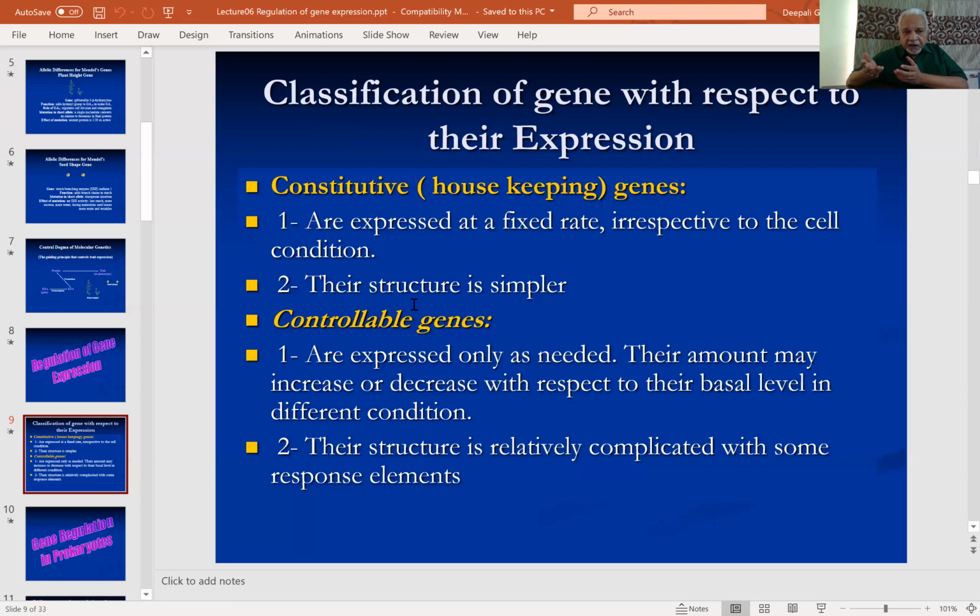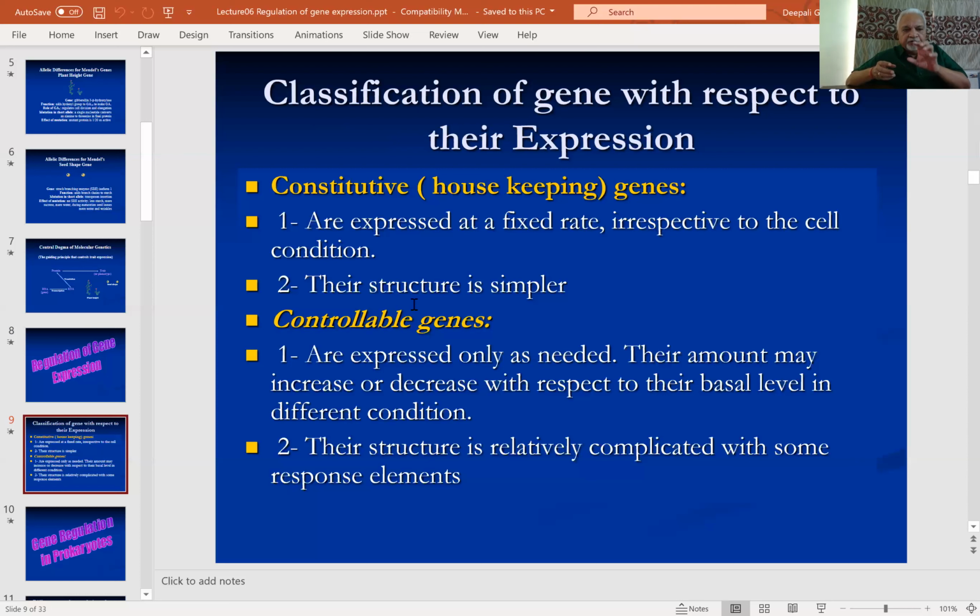So when I talk about regulated expression in a cell, you have four kinds of gene expression activities.